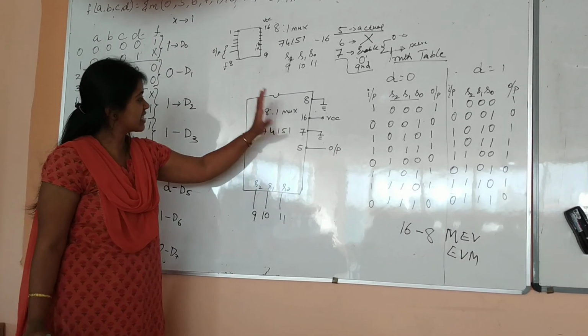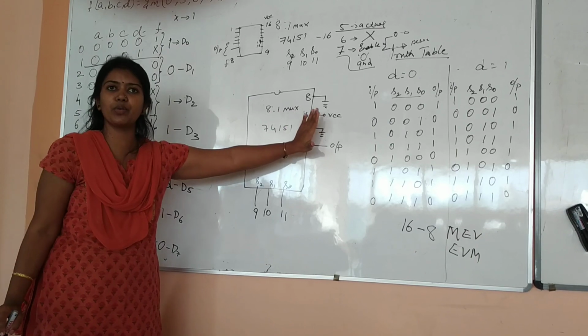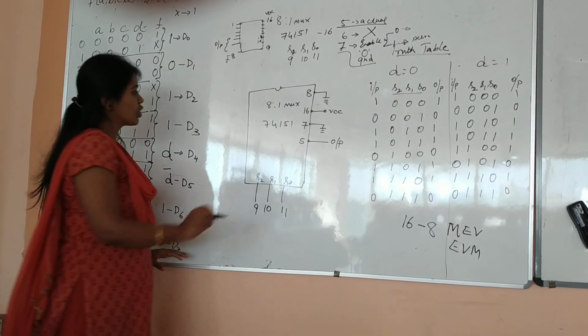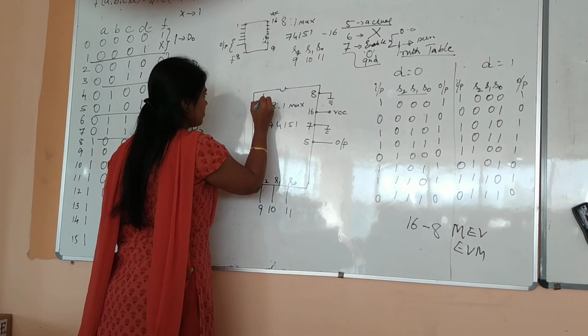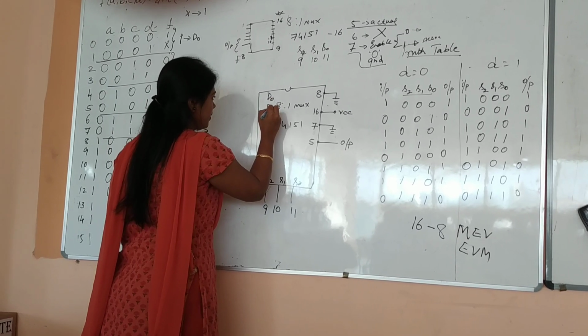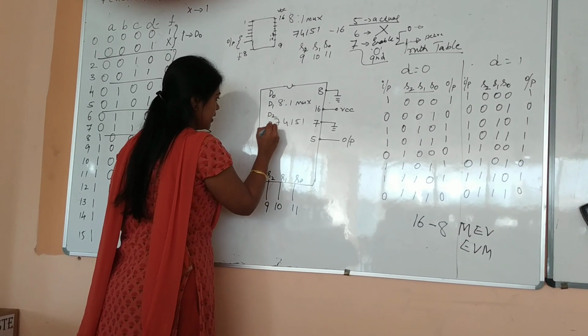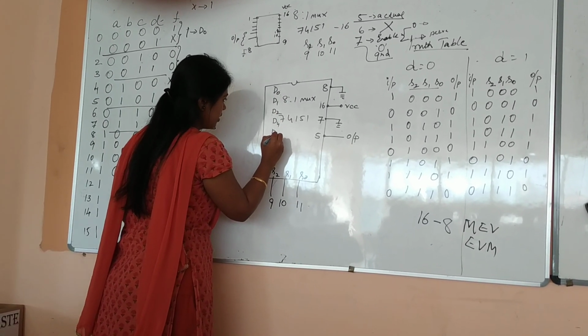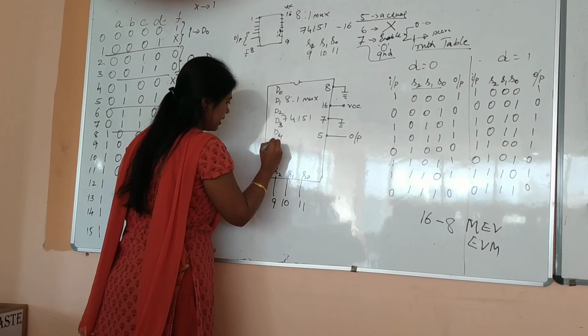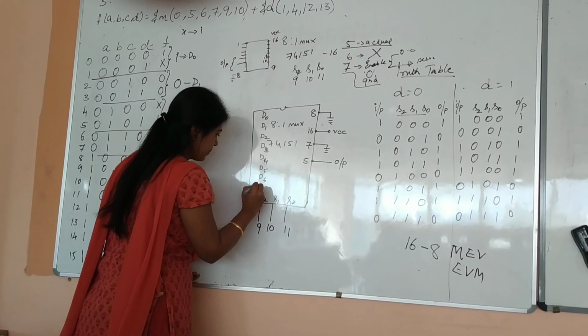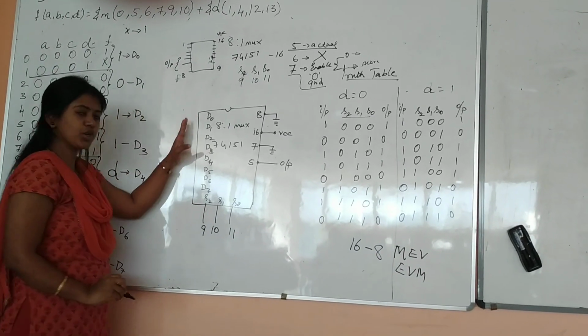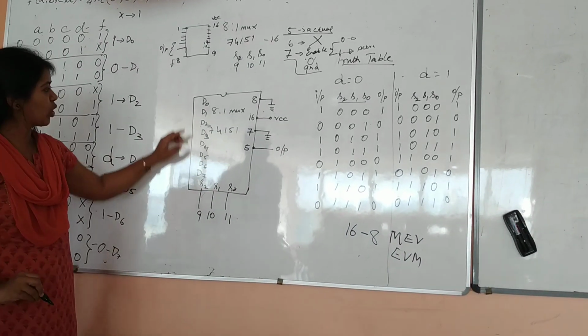Now, except these 8 inputs, we are done with all the remaining things. So now let us write D0, D1, D2, D3, D4, D5, D6, D7. So 0 to 7 inputs. What are the pin numbers?